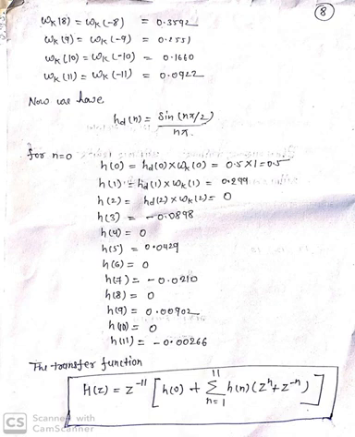This is the highest part, (N−1)/2. So N is 23, 23 minus 1 is 22, divided by 2 equals 11. So it is z^−11. If you multiply with h0, so h0 z^−11, and the 0 part you have already taken.